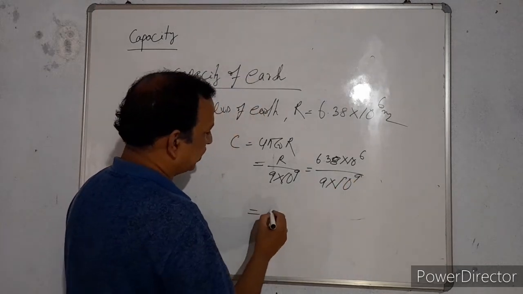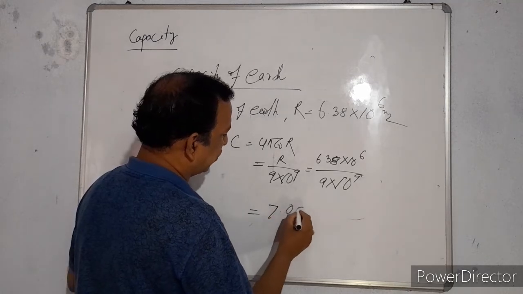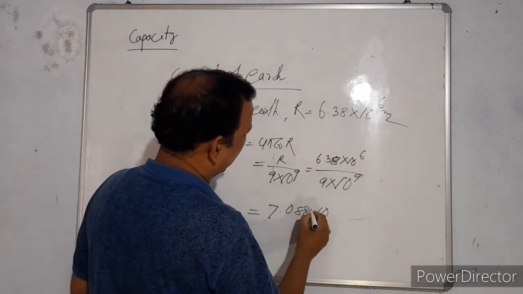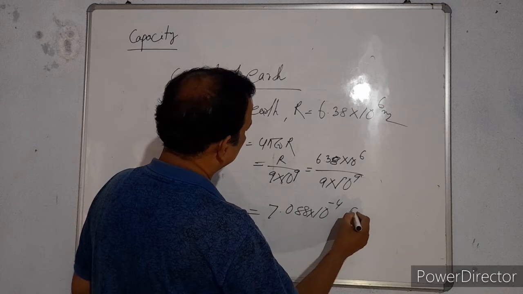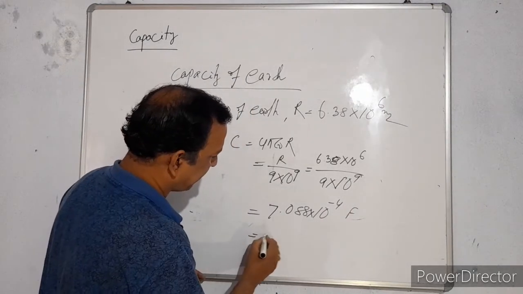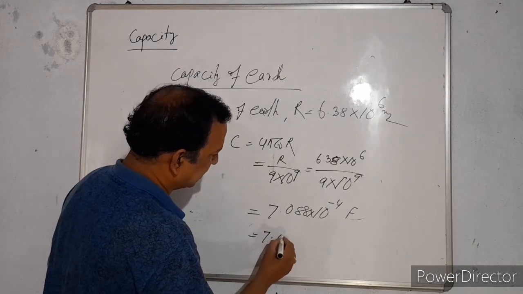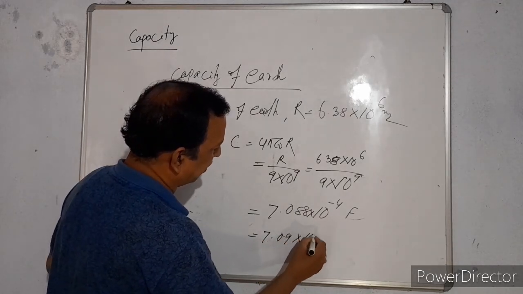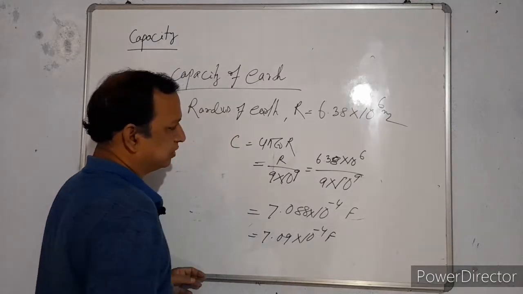That is equal to 7.088 into 10 to the power minus 4 farad, that is 7.09 into 10 to the power minus 4 farad.